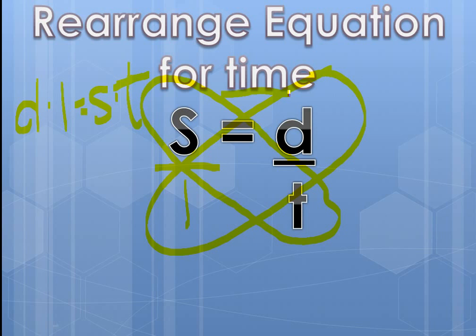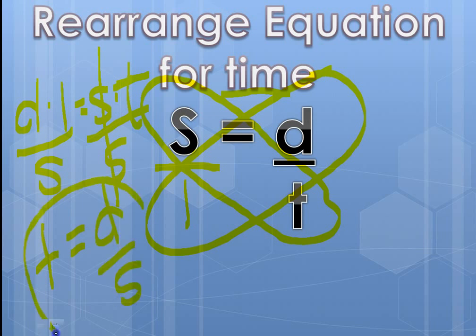And so how do you get time by itself? Well, right here we have speed times time, right? Well, how do you get something by itself if it's multiplied by something? We do the opposite. The opposite of multiply is divide, right? So we divide both sides by speed. So these cancel out. So time equals distance divided by speed. So there's your equation. Time equals distance divided by speed.